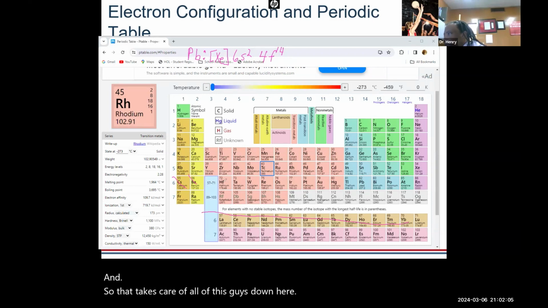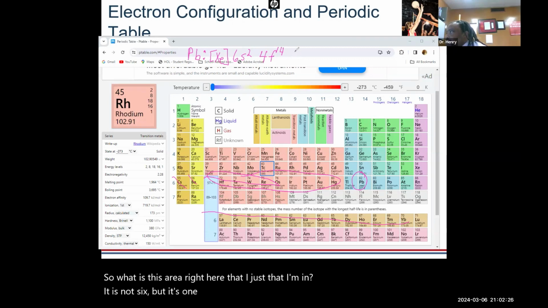And then we come up here. What would this place be here? And remember, we're going to lead. So what is this area right here? Is it 6D? It is not 6, but it's 1 less. 5D.